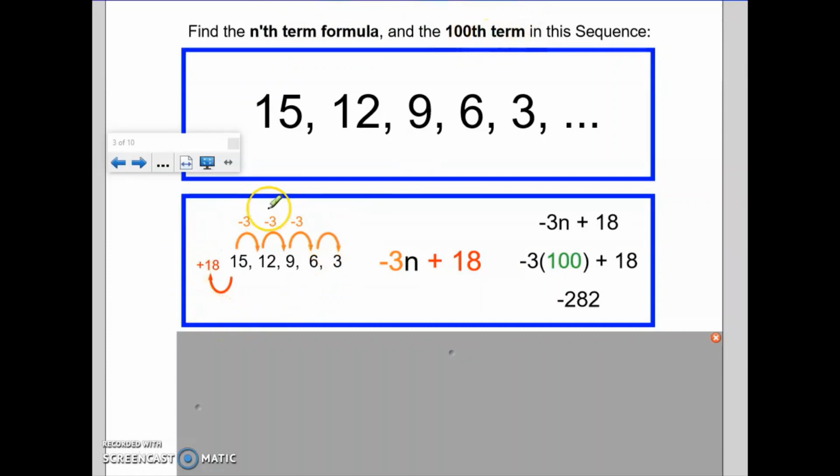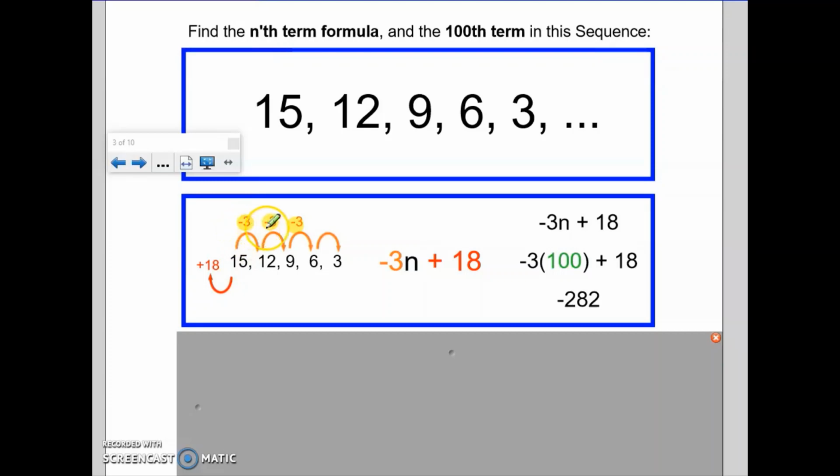So this is how I would find my nth term formula. I look at my sequence. It's going down in 3s each time. So I'm subtracting 3 each time. Take away 3, take away 3, take away 3, which is why I have a minus 3 in front of the n, negative 3n. Then I go to my first term, which is 15, and I do the opposite.